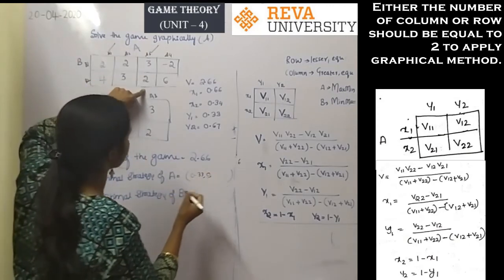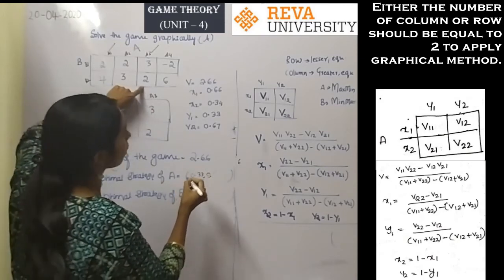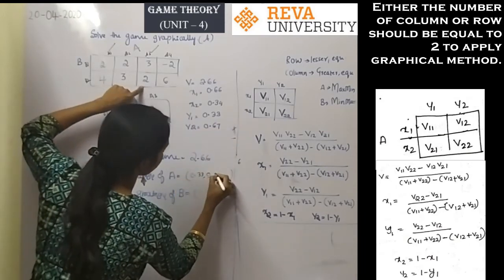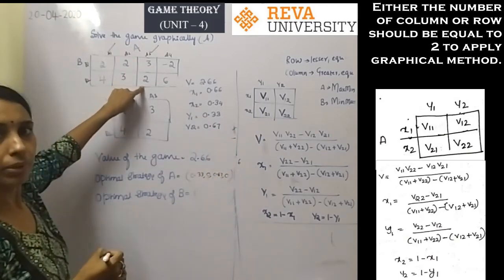The third is used, so this will be 0.34, and you have not used the fourth, so 0.